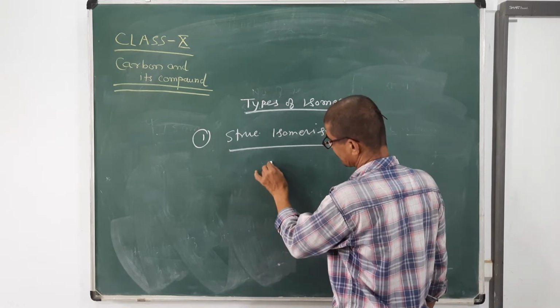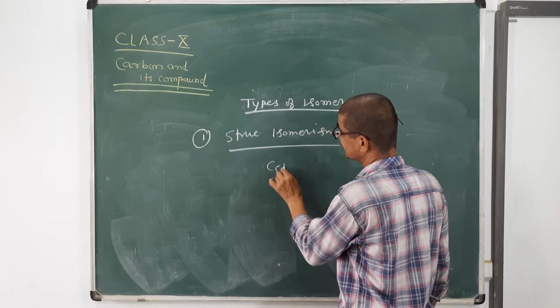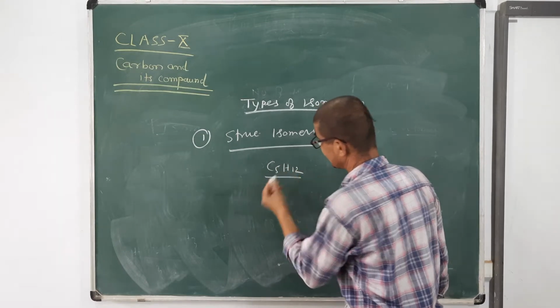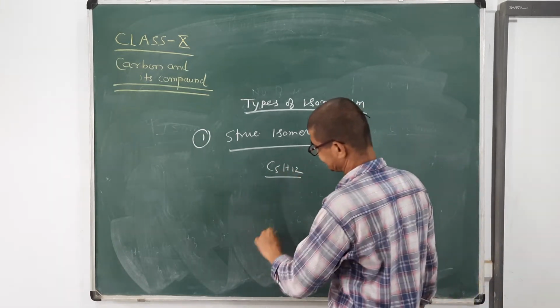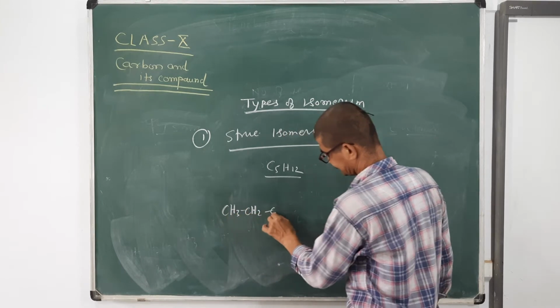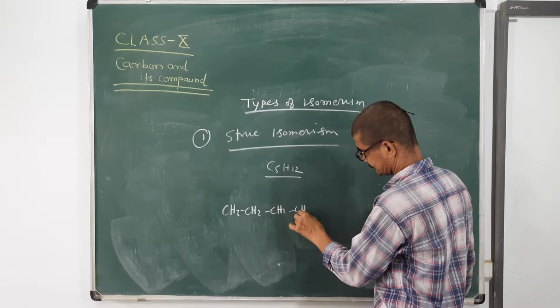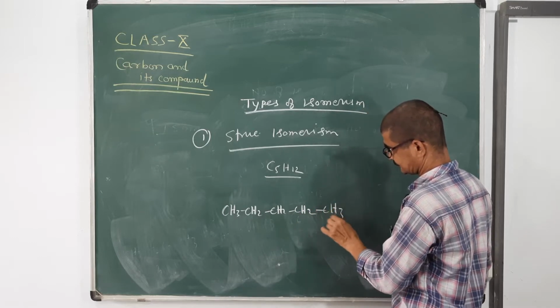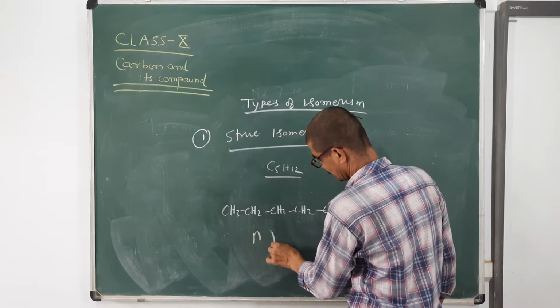In case of pentane, C5H12, there are 3 isomers. Number 1, normal pentane.